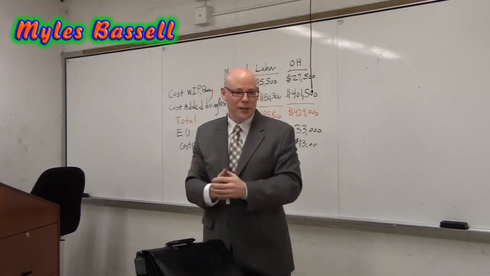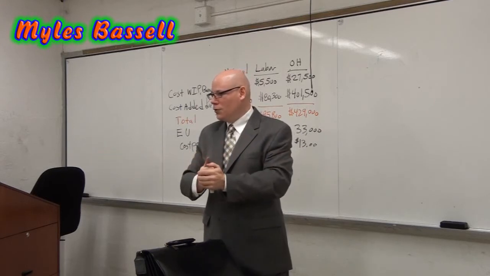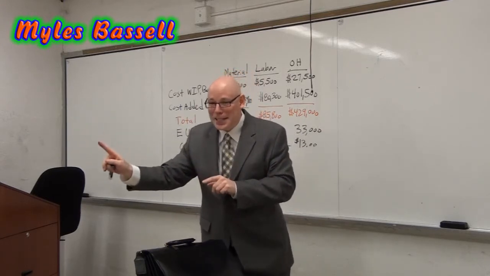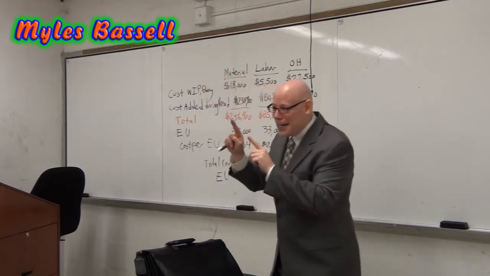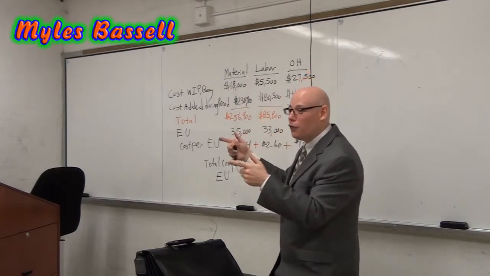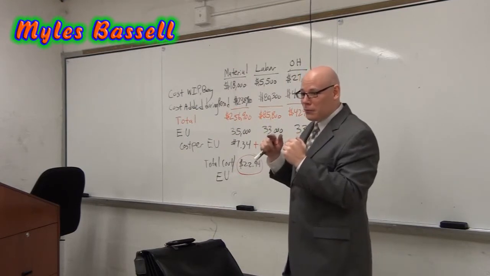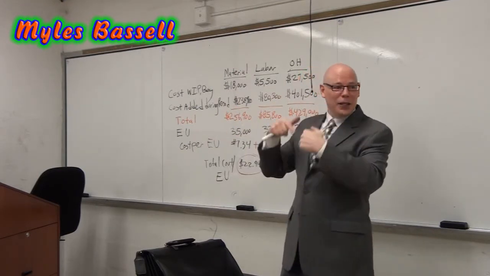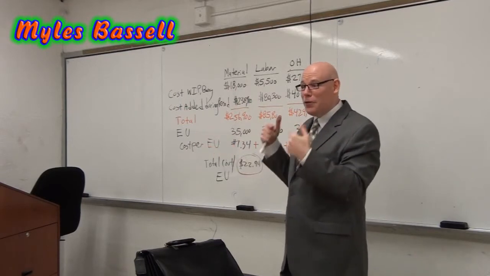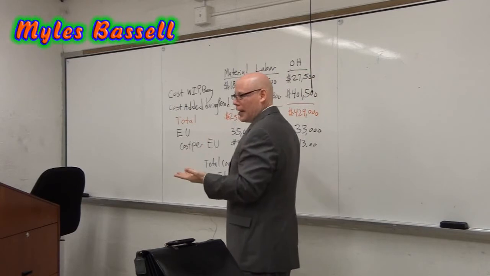That's work in process. Those are the teddy bears without the arms. This is why we've got to do this. Then you say, well, what about the teddy bears that we had left over from last month that didn't have any arms? How did we take that into account? What happened to them? Did we finish those? Well, we need to compute that.